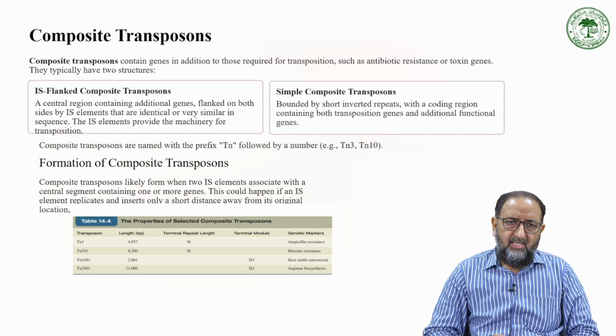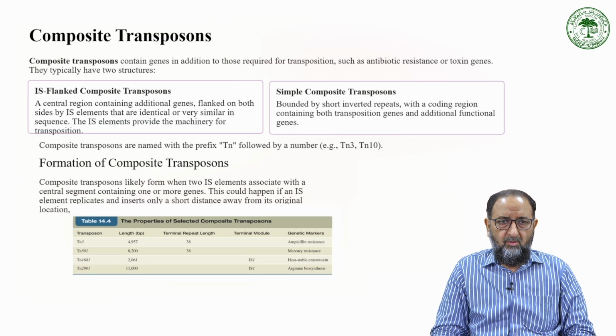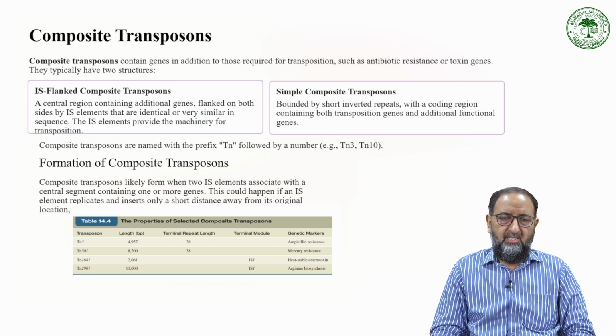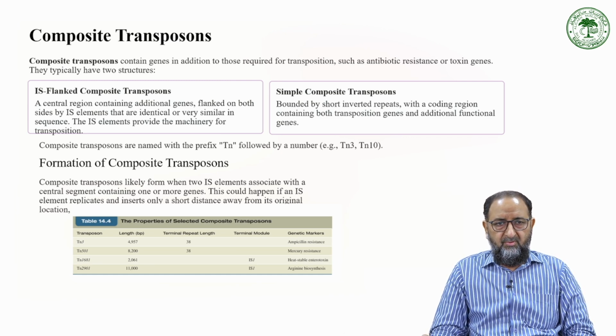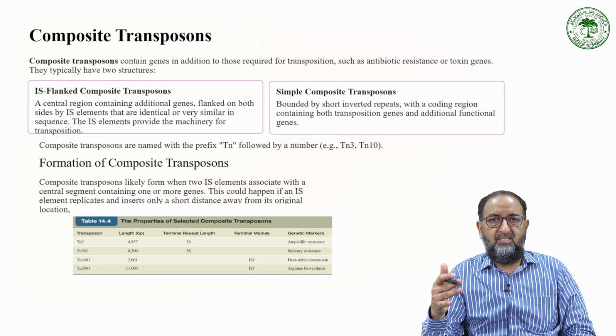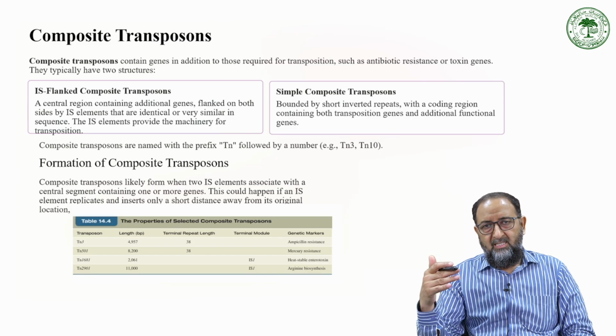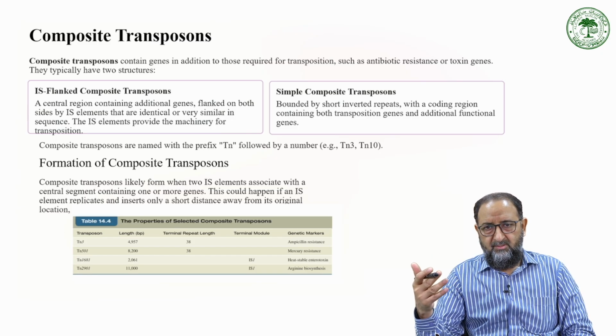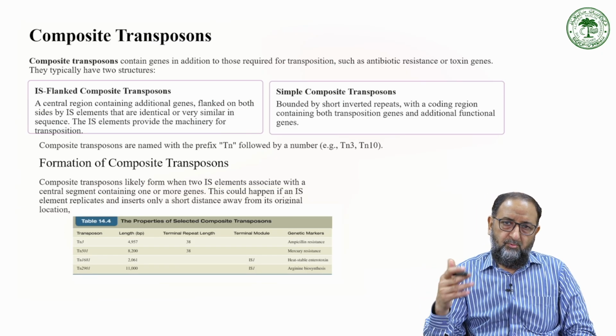So the central region contains the additional gene flanked on both sides by IS elements, which are identified through the repeats, which are very similar to the sequences already identical to these two inverted repeats and IS elements. The IS elements provide the machinery for transposition because each has a transposase gene, right? And they help in transposition of the transposon.